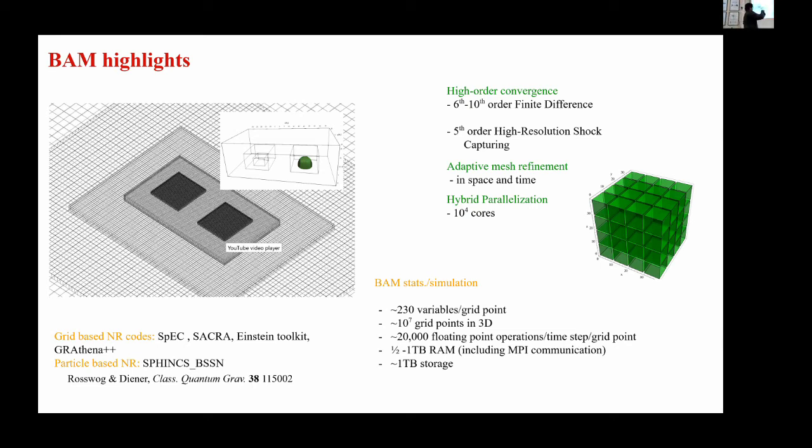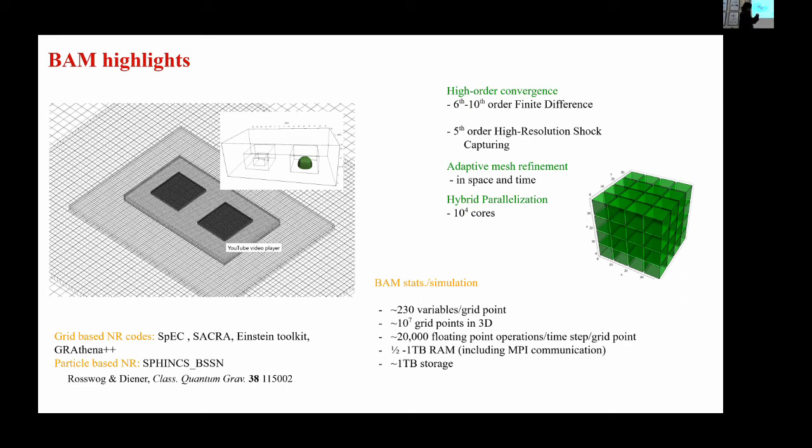And so we have in BAM a hybrid parallelization scheme, which is MPI and OpenMP. Each individual MPI process can have lots of threads which work on its chunks. With such a strategy, we are able to scale up to 10,000 cores, so we are able to use these many cores efficiently for doing numerical simulations.